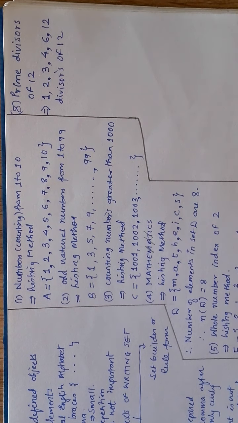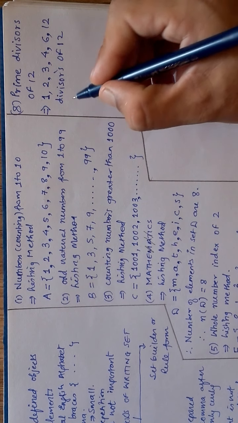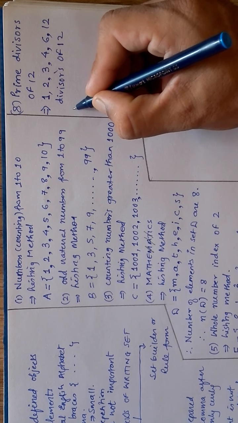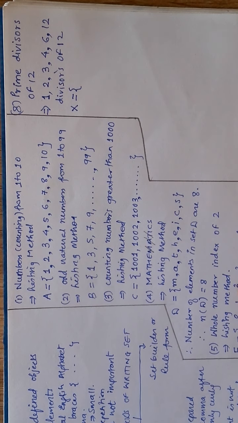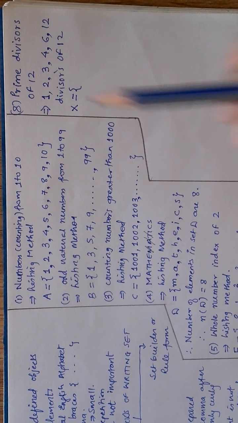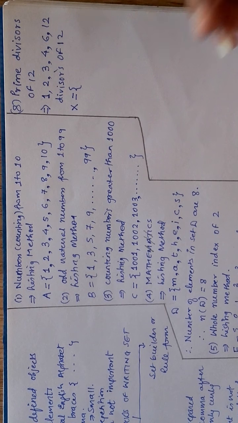But what is asked? I am expected only prime divisors. So I am writing the name of the set as x equal to curly bracket start. Now I will discuss each divisor. 1. Is it prime? It is a divisor, okay, but is it prime?